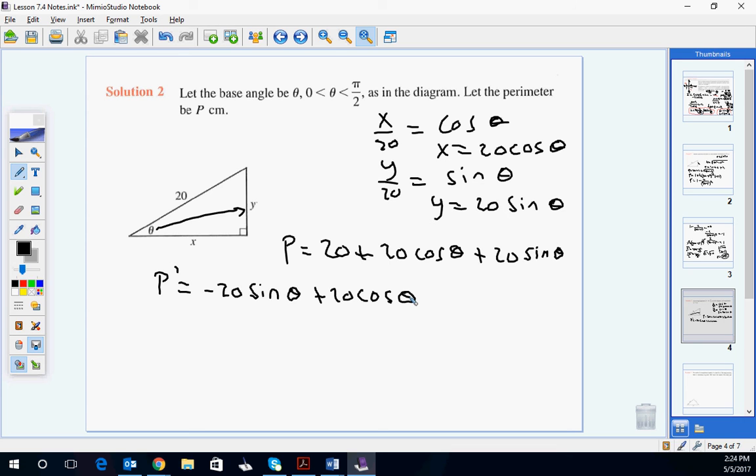So essentially, remember our critical value is when it equals 0. Maybe if you just look at this, what do you notice about this here? What does that say? If negative 20 sine theta plus 20 cosine theta equals 0, what does that mean?